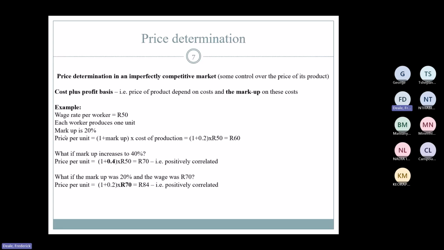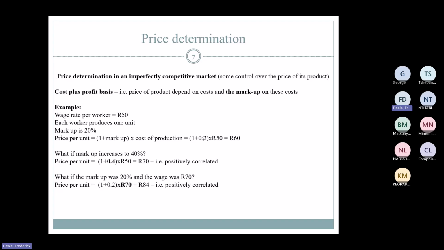So the price I charge is equal to 1 plus markup times cost of production, which is the wage. That means 1 plus 0.2. I would recommend that everybody learn that if you see 20%, that means 20 divided by 100, which is 0.2. It helps to feel like you can interchange 0.2 and 20% quite easily.